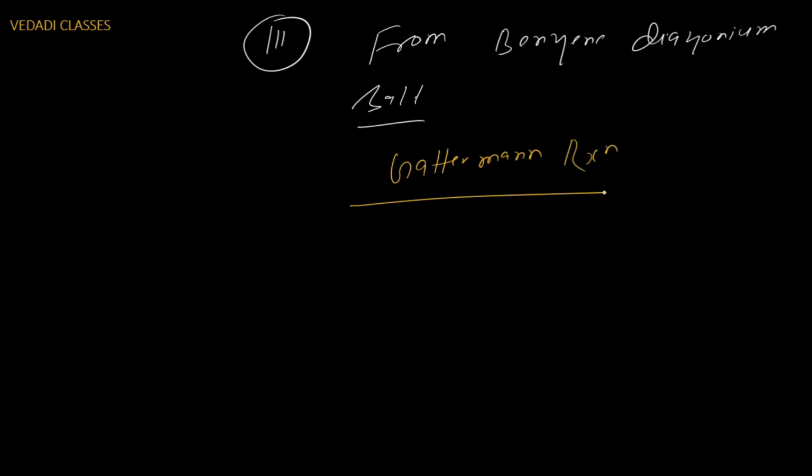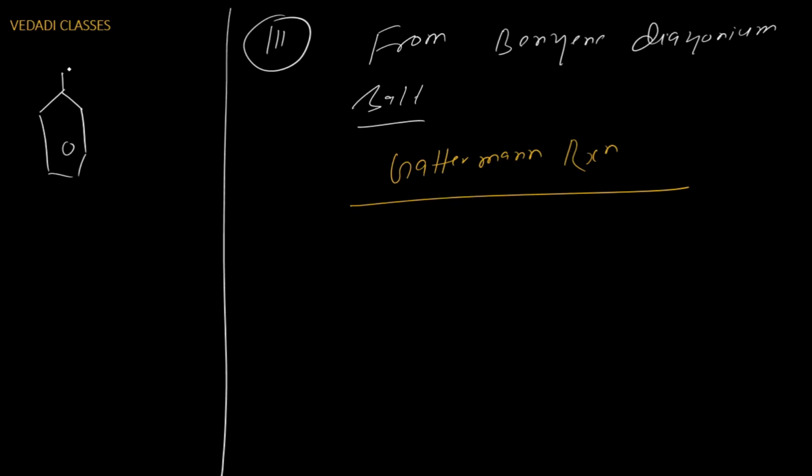So what about the Gattermann reaction? First, what is benzene diazonium chloride? Benzene having N2+Cl- is benzene diazonium chloride.